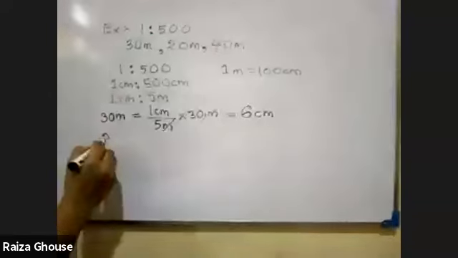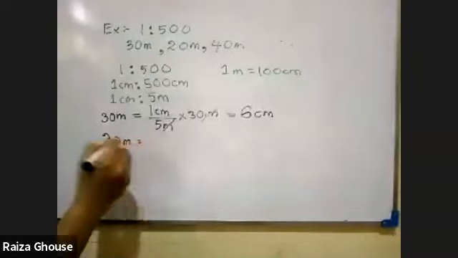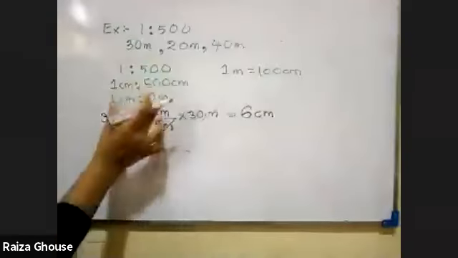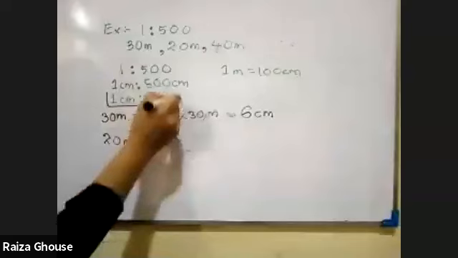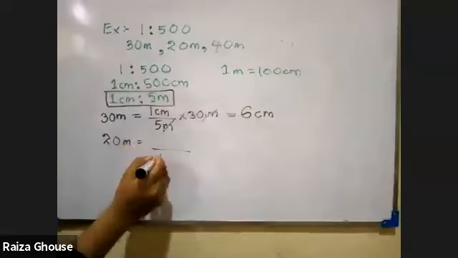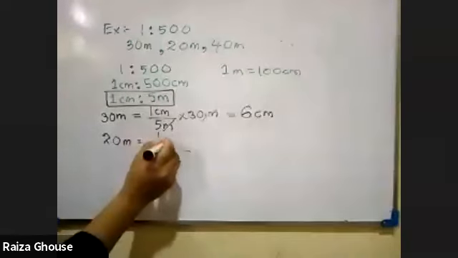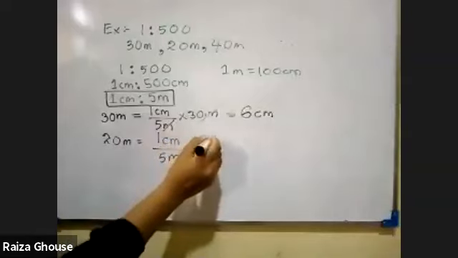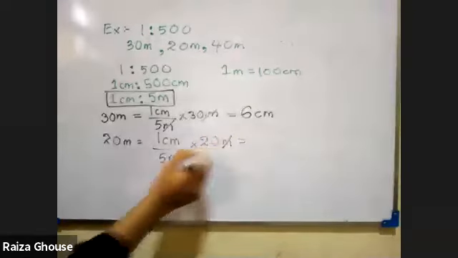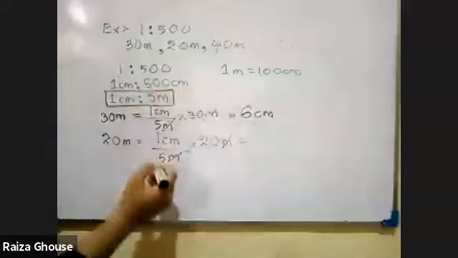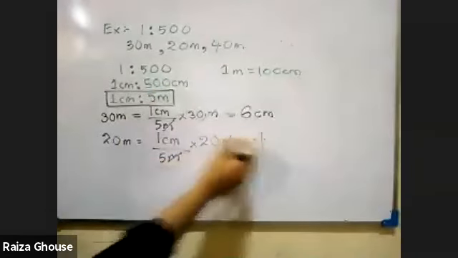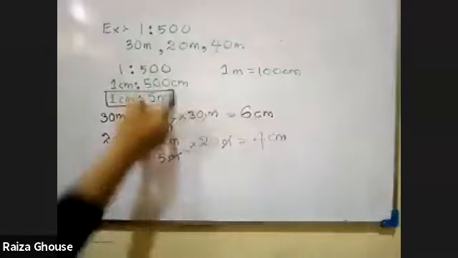Now I'm going to find for 20 meter. Very easy. If we are using the scale only, this is the most important part you should know. If 5 meter is showing 1 centimeter, what will 20 meter be shown by? Meter and meter cancel. 20 divided by 5 equals 4 centimeter.